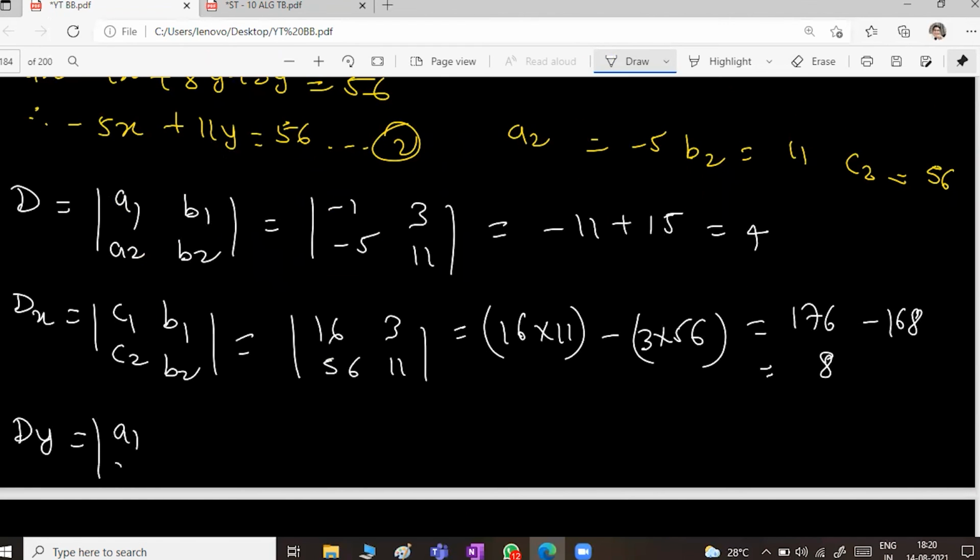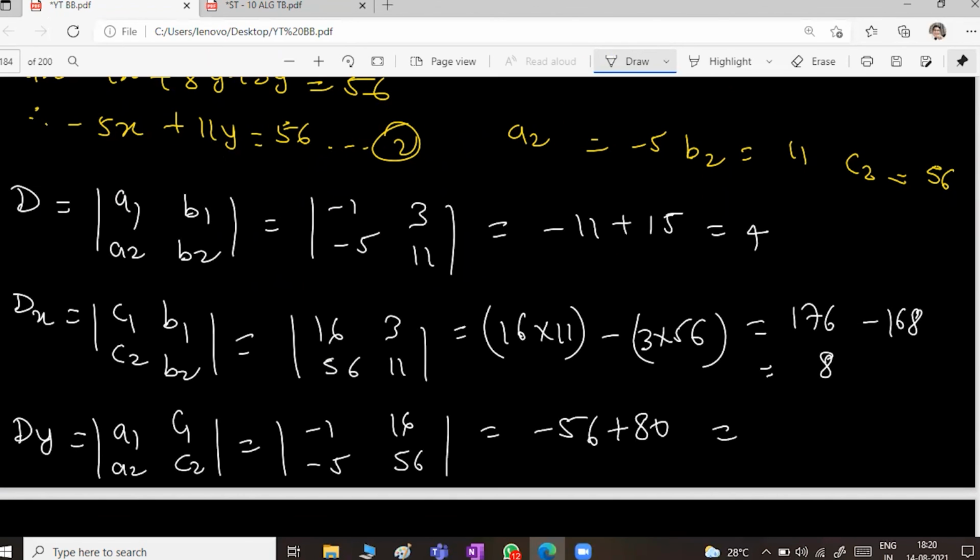I am interested in dy as well. So here it is going to be a1 a2, c1 c2, which is equal to minus 1, minus 5, 16, 56. Okay, and here it is going to be minus 56 plus 80, which is equal to 24.